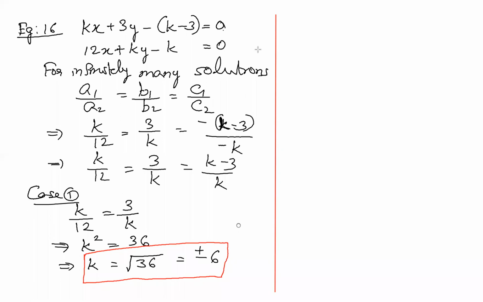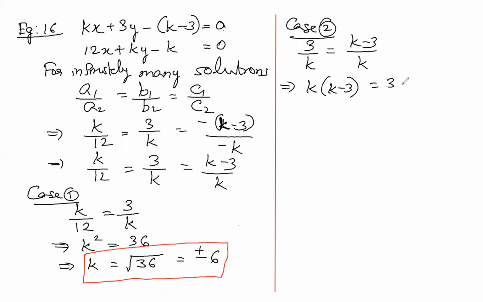Now the second case, case 2. We will equate the second fraction and the third fraction, which means 3 by k is equal to k minus 3 by k. So when you multiply, you will get k into k minus 3 is equal to 3k, or k square minus 3k is equal to 3k.